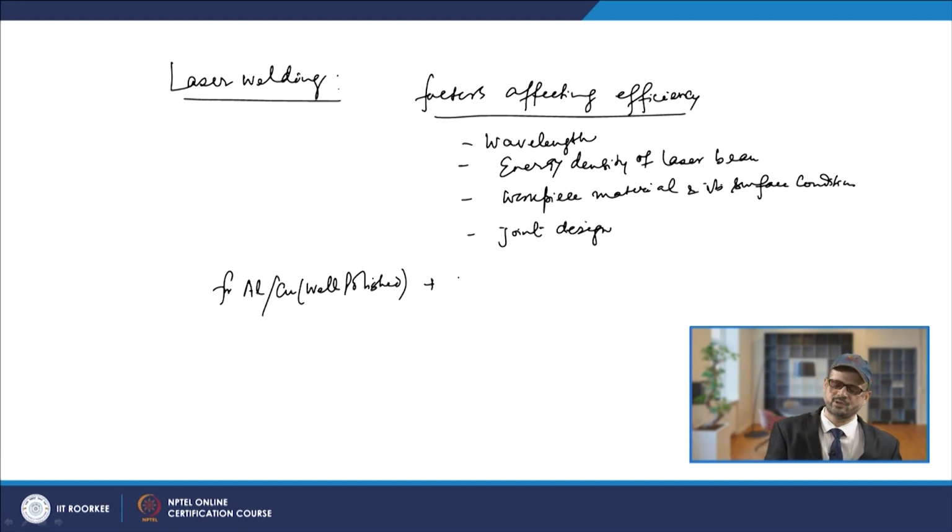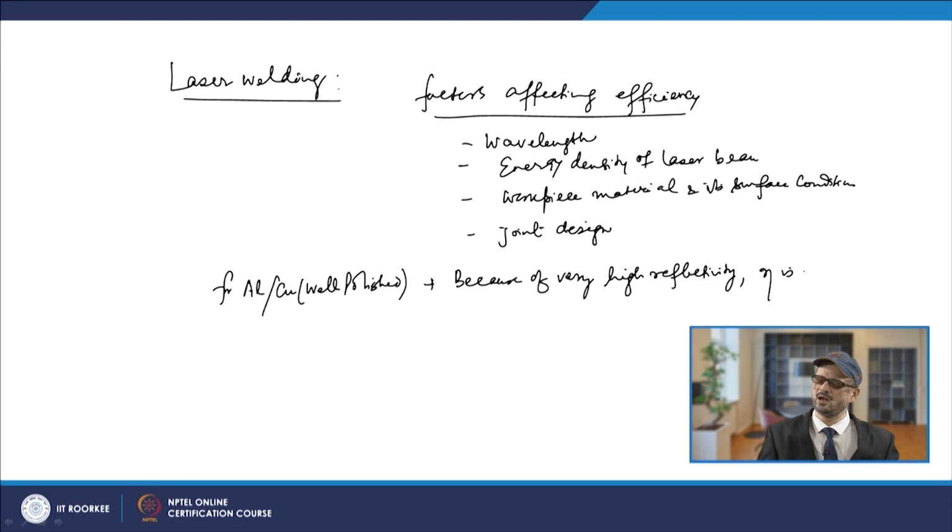Because of this very high reflectivity, the efficiency is very poor, because most of the energy is reflected and does not contribute towards heating of the material. So in those cases your efficiency becomes very small.